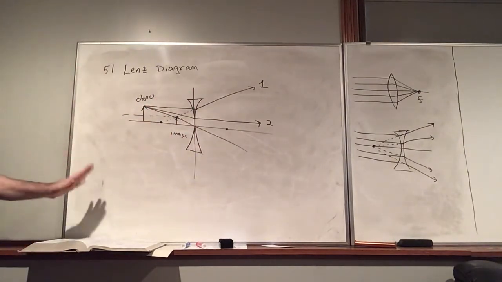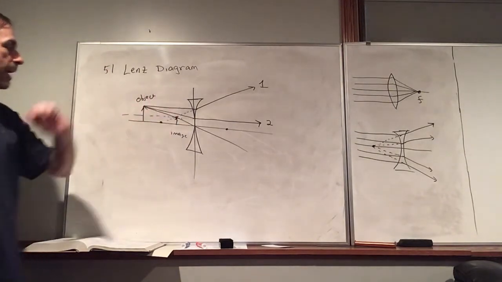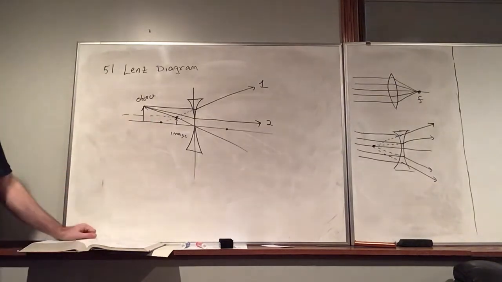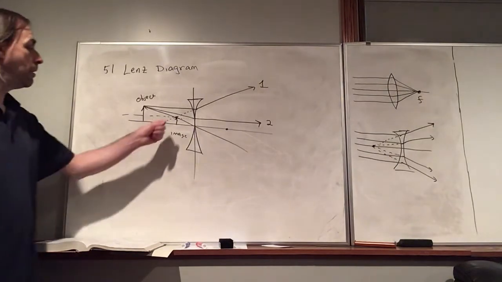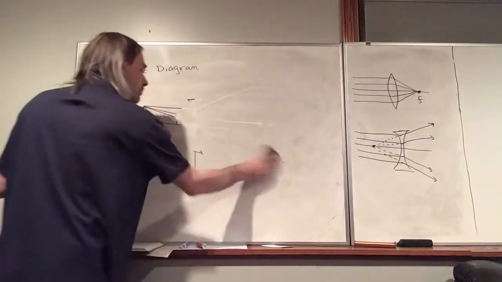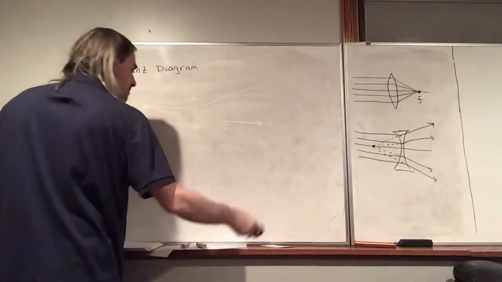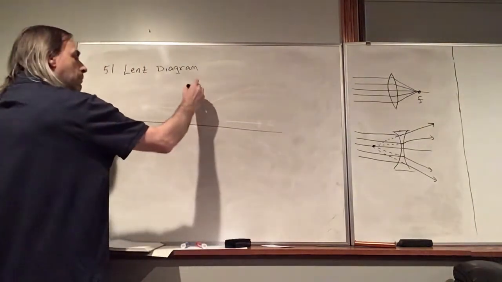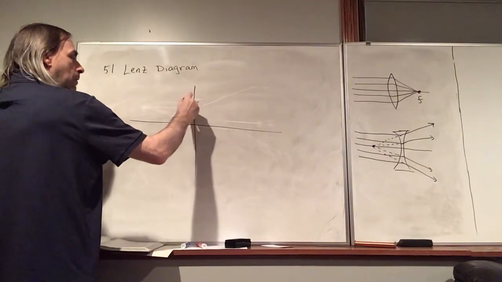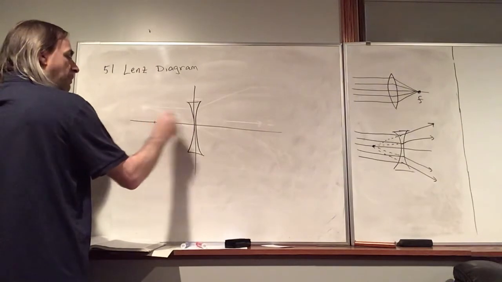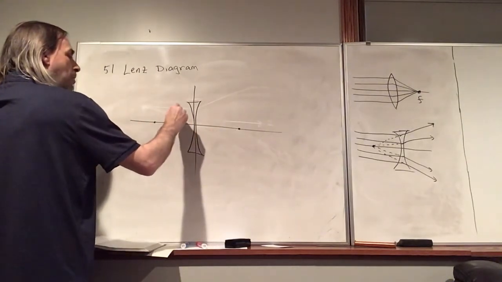But let's consider this diagram now if we put the object in between the focal point and the lens itself. So let's consider that case. So we've got a focal point on each side. Let's put our object here.